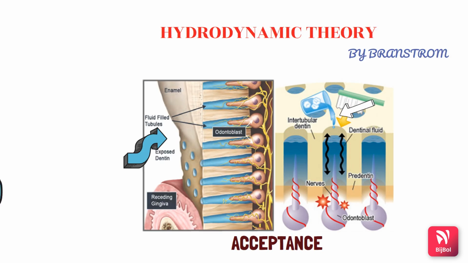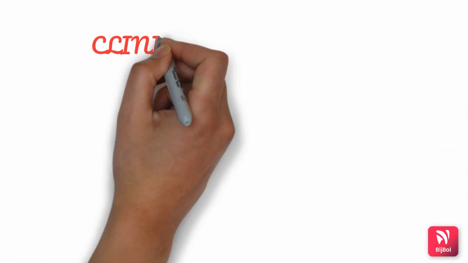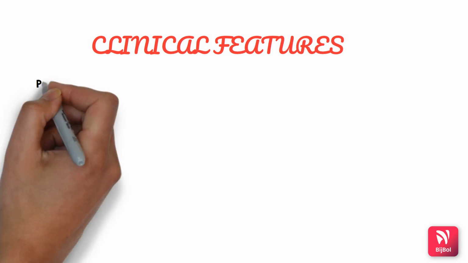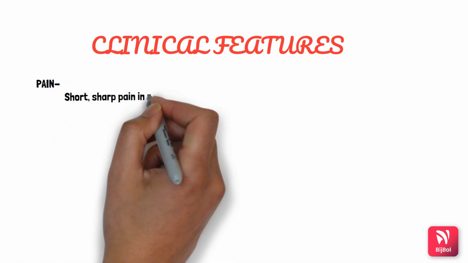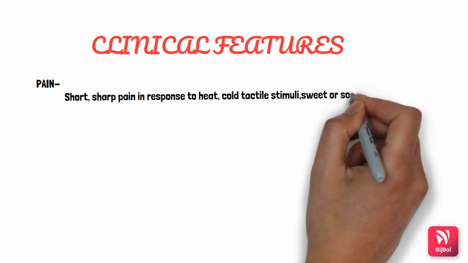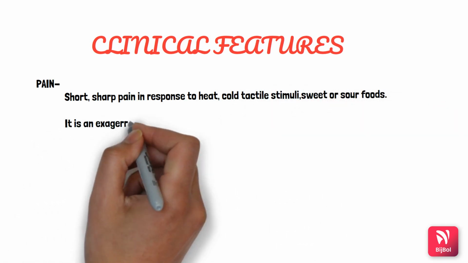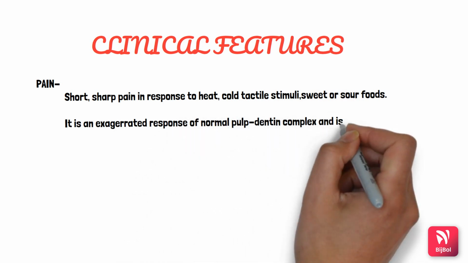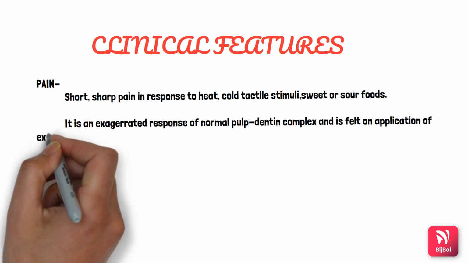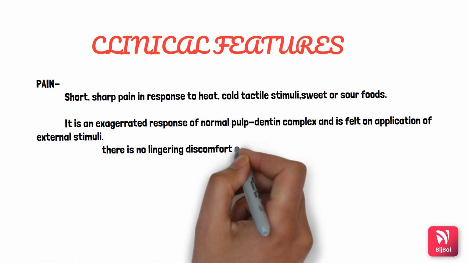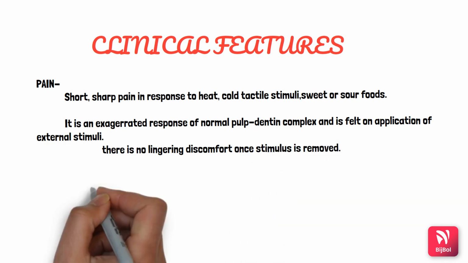Now we will see the clinical features. First and foremost is the pain. That is a short, sharp pain in response to heat, cold, tactile stimuli, sweet or sour, which is an exaggerated response of the normal pulp-dentin complex that is felt on application of external stimuli. There is no lingering type of discomfort once the stimulus is removed.